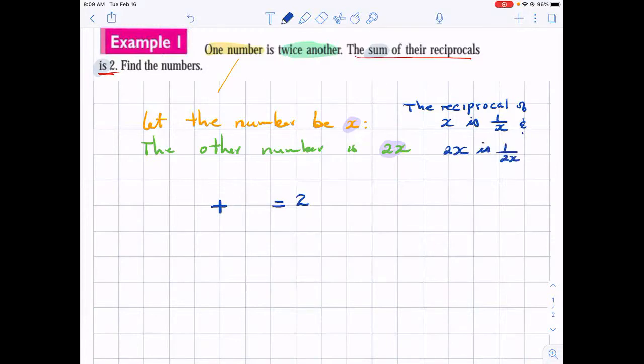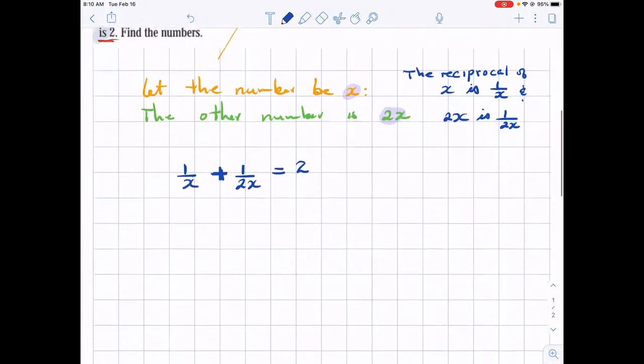Reciprocal just means a 1 goes in the numerator, or you flip the fraction. So x is x over 1; if you flip that, you get 1 over x. So the sum of the reciprocals, 1 over x plus 1 over 2x, is equal to 2.